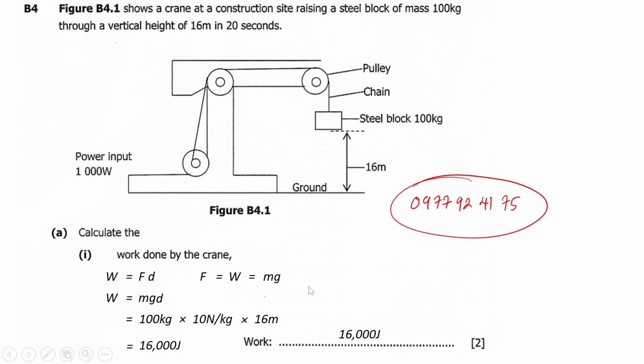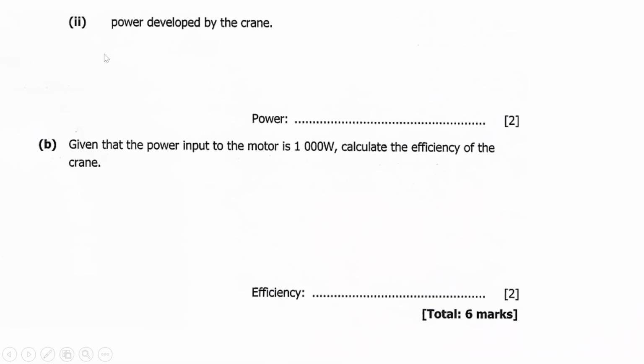All right, so let's proceed. We come to part 2 here, which says power developed by the crane. So we need to calculate the power developed by the crane. But we know that power is equal to work done over time. Now let's see. Work, we have calculated it at 16,000 joules.